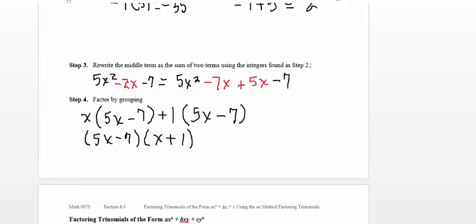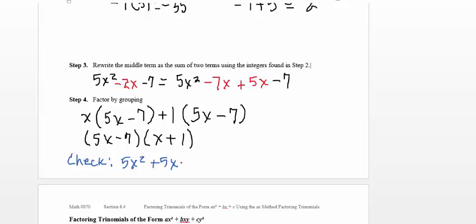And you can check this if you wanted to see if it really gave you the original polynomial. 5x times x is 5x squared. 5x times positive 1 is positive 5x.